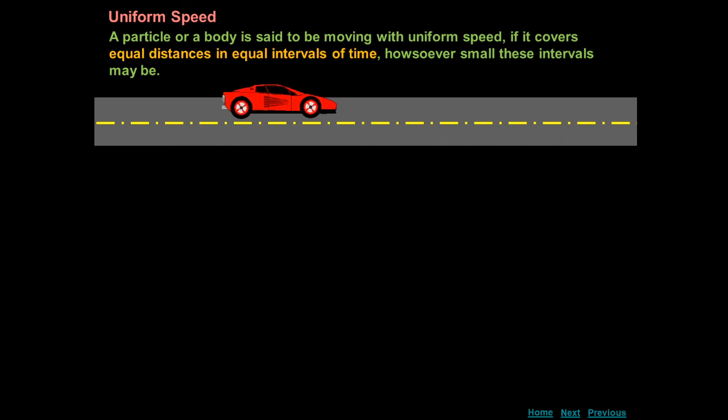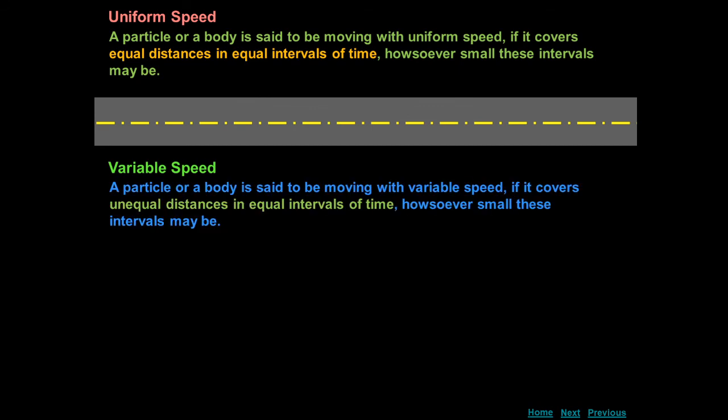Now variable speed: if equal distances in equal intervals of time are not covered, in the same way we can say unequal distances in equal intervals of time, then the speed is variable.